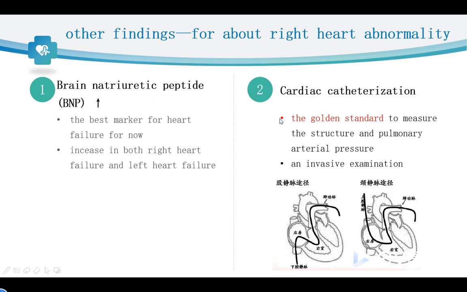This examination is the gold standard to measure the structure of the right heart and pulmonary arterial pressure, but it's an invasive examination, so we just do this examination for only a few special cases of patients with right heart disease, and that's the special examinations for the patients with cor pulmonale.